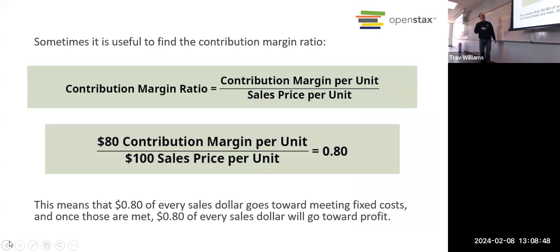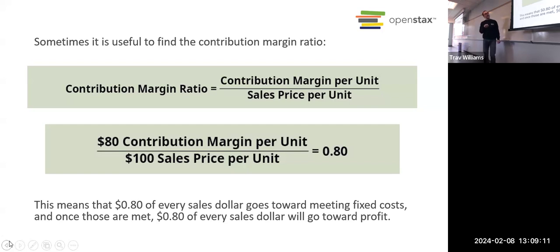And here you take your contribution margin per unit and you divide it by your sales price per unit. What was an alternative way you could calculate your contribution margin ratio? Exactly.